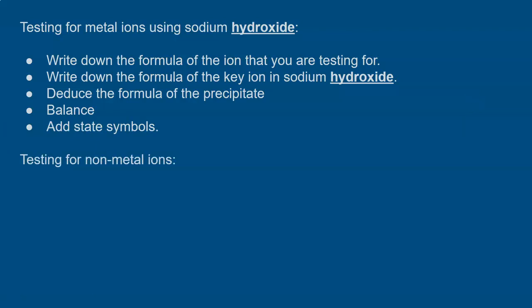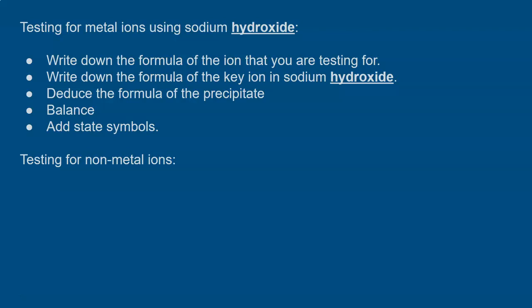So let's say we were testing for magnesium ions. The formula of the ion you're testing for, Mg2+. The formula of the key ion in sodium hydroxide, OH-. Now Mg2+ requires two OH- to complete the formula of magnesium hydroxide.